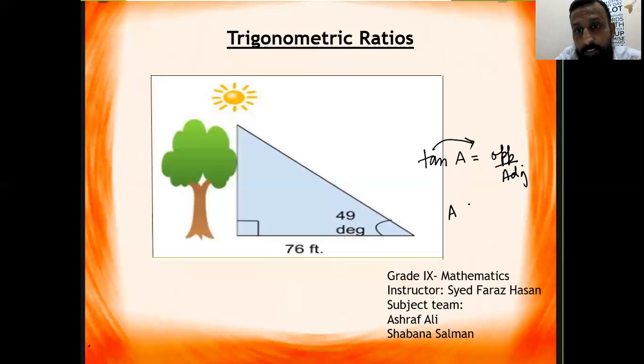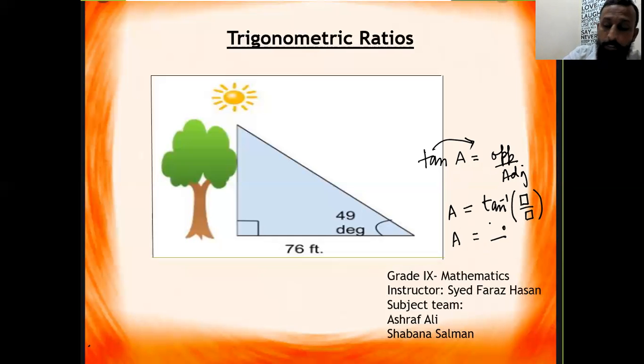When tangent moves there, tangent becomes tangent inverse. Then I need to write the value of opposite and adjacent. I'm going to use a function which is a box upon box function. I told you earlier, you can plug in the value of numerator and denominator, press the equal sign, and finally you'll get the answer in degrees. All right, boys and girls, this is how you do it.